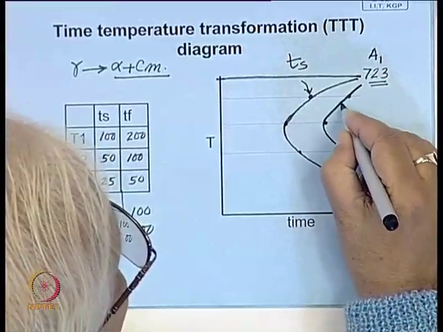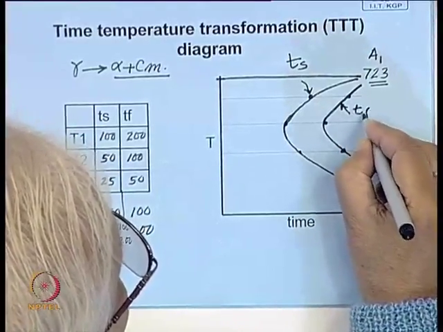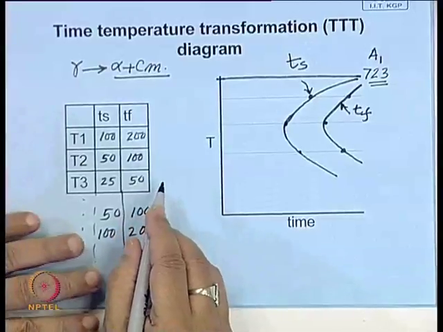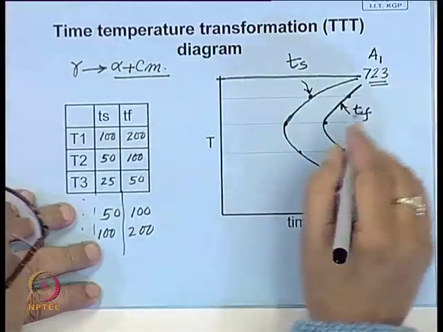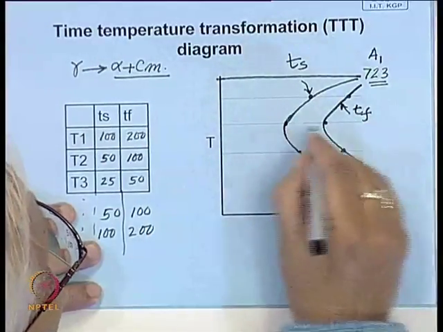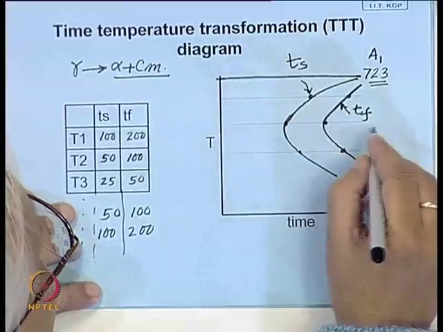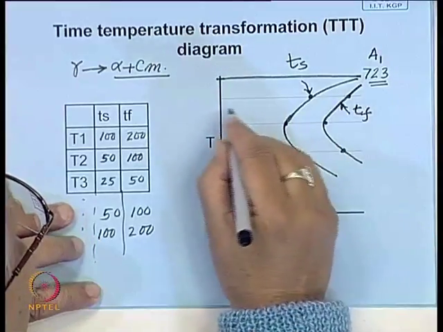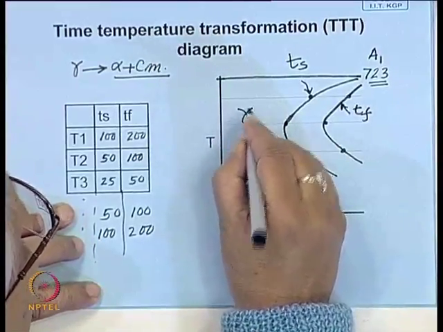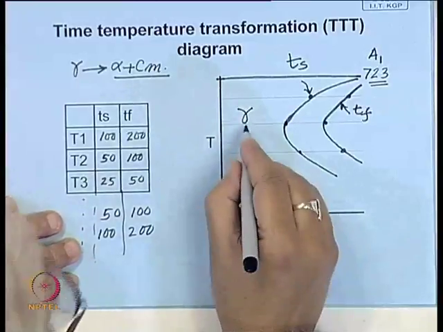This represents the time of completion of the formation of perlite, or the perlitic transformation. In this portion of the diagram you have gamma.